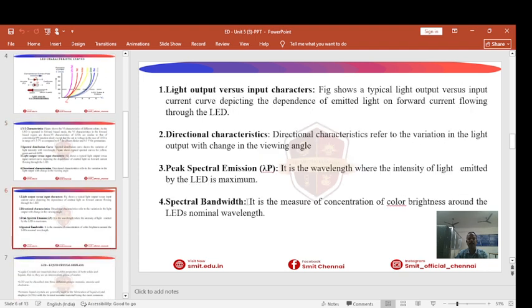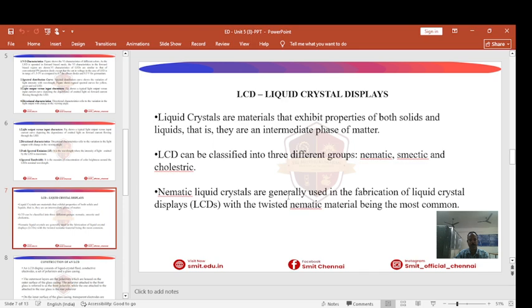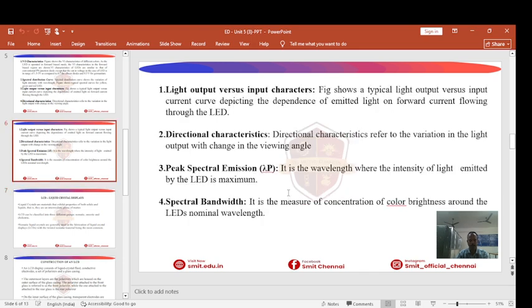LEDs are widely used as TV indicators, in remote controls, in mobile phone flash, in digital clocks, and in automotive applications as headlights, brake lights, and dashboards. They can also be used for optical communication, as well as medical, industrial, and domestic applications.